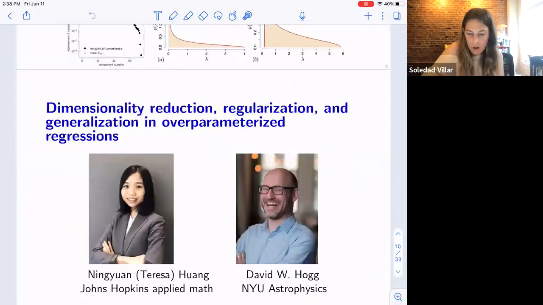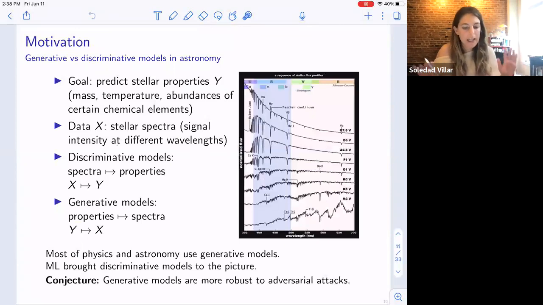Okay. So I was discussing this data science problem. There are two ways of thinking about it. The machine learning way is to have a discriminative model.